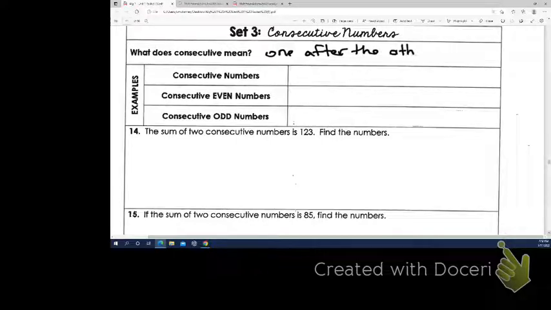So if you did something consecutive days, I wore these pants for 4 consecutive days, then you wore those pants 4 days in a row. So that's another way to think of consecutive, meaning one right after the other or kind of in a row, right?